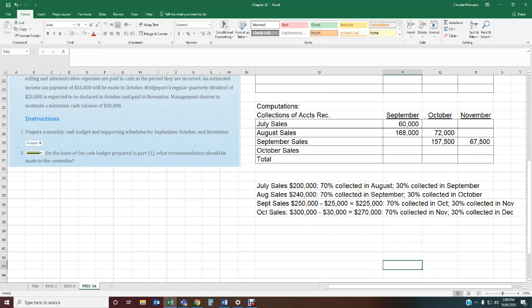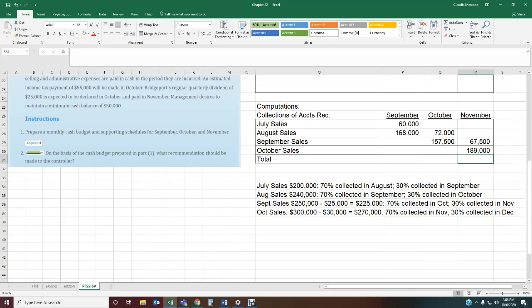Remember, I'm only interested in what we are going to collect in September, October, and November. So for November, I'm going to collect 70% of my October sales. That's 270,000 times 70%, and that gives me $189,000. The other 30% are going to be collected in December.